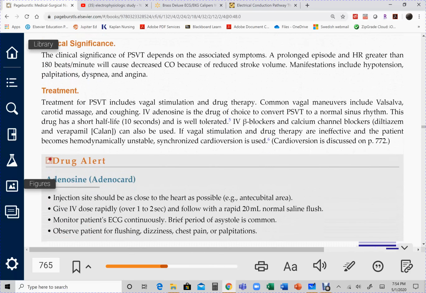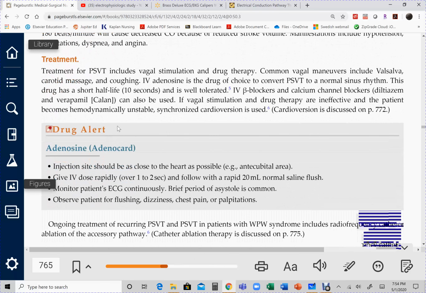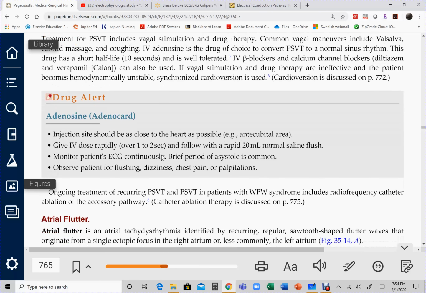Treatment. Okay. You know what? I'll just discuss them all. For PSVT, the drug of choice is adenosine. Now, this drug has a very short half-life, so it has to be given really fast. It only has a few seconds, so you have to give it fast, because otherwise, if you push this slow, then it'll never work, because by the time it reaches the heart, it's gone.